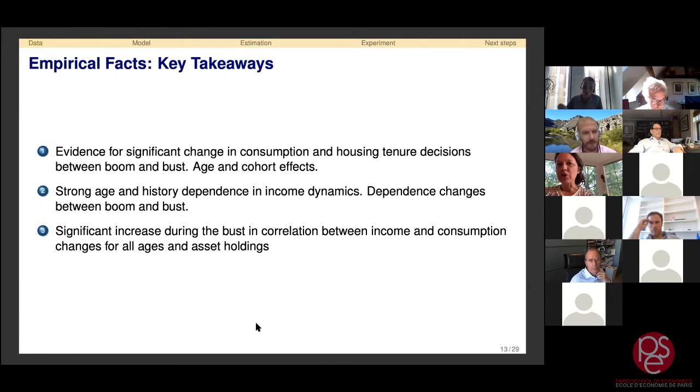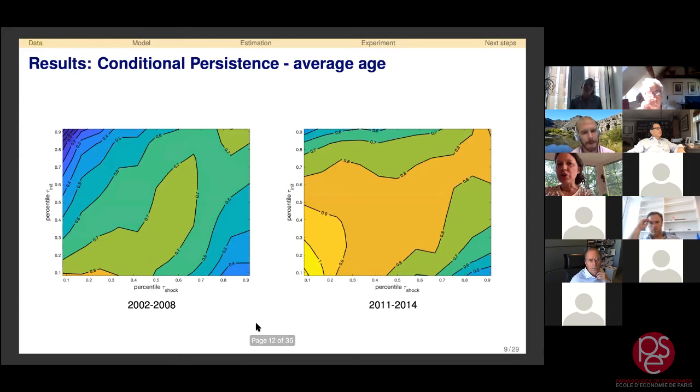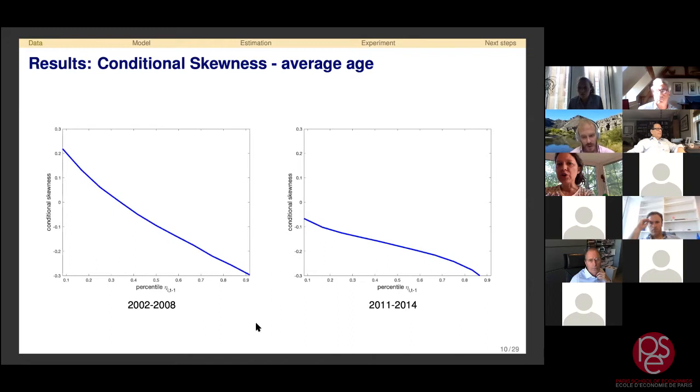And my second question was, what you find on history dependence for income dynamics across boom and bust, to which extent is it consistent with Guvenen's findings? Well, it's a different estimation way of looking into the data, but in essence the results are very similar, in the sense that we are finding that both the persistence of very bad shocks increases in the recession, and also the skewness becomes much more negative.